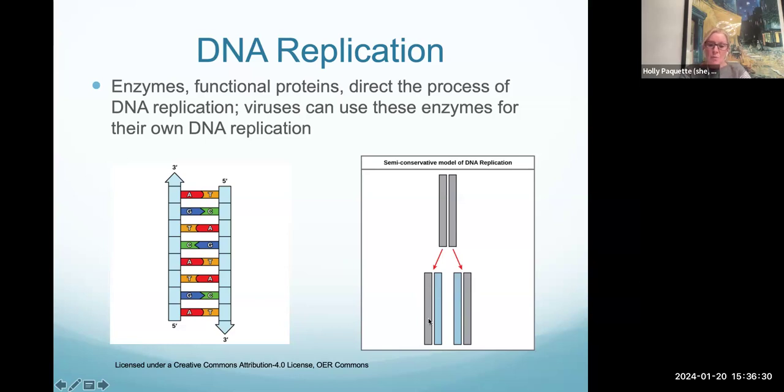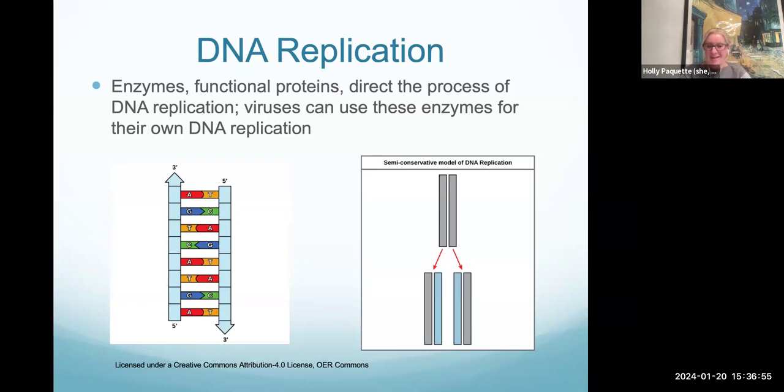One half of it will be the old or parent strand. So if you look over here, we can think of it as this strand on the left, and then it will have all new nucleotides that have come in that are complementary to make up the other half that's missing. We have the same thing over here, with this maybe being the parent strand and then a new strand that's complementary. And that's basically what goes on during DNA replication.